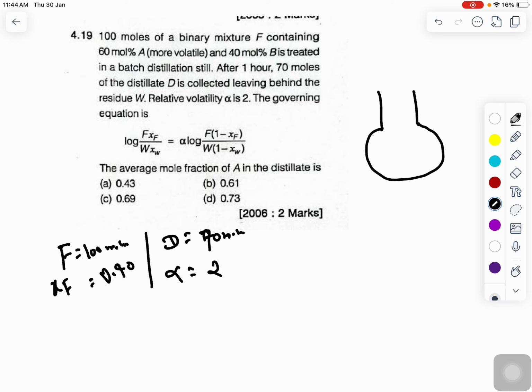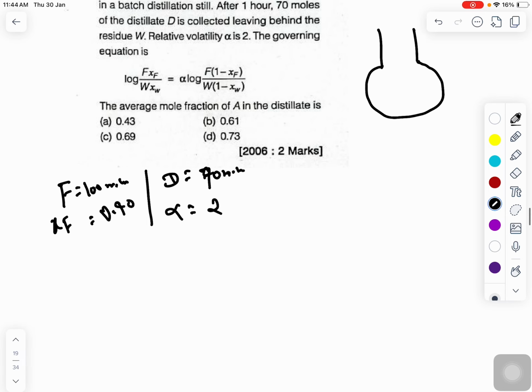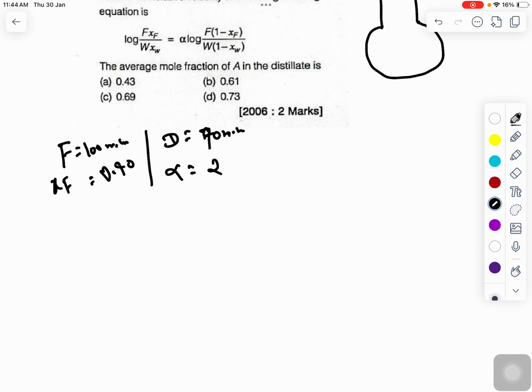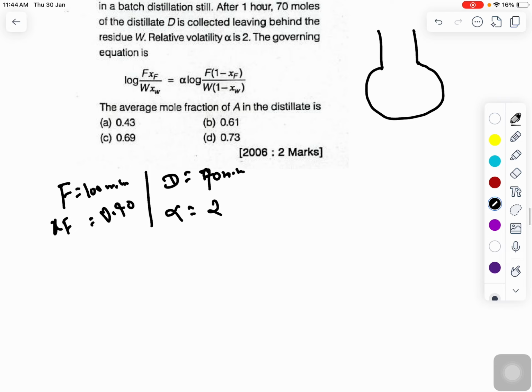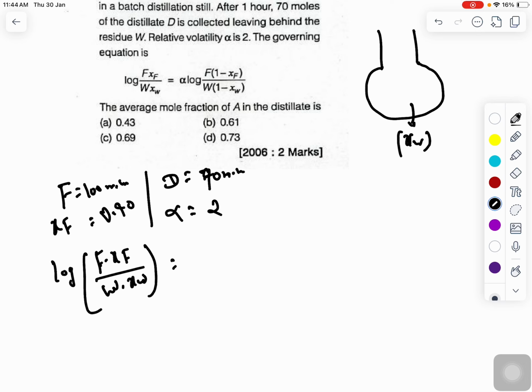The governing equation, this equation is called Rayleigh's equation for batch distillation. So you are supposed to calculate the average mole fraction of A in the distillate, right? So let's try to calculate this. So you are supposed to calculate the value of XW here. From the formula, log of F into XF divided by W into XW is equal to alpha times log of F into 1 minus XF divided by W into 1 minus XW.